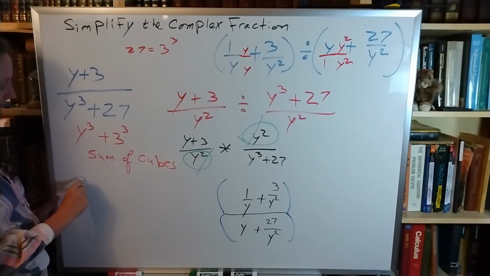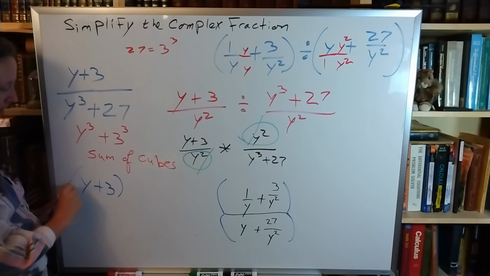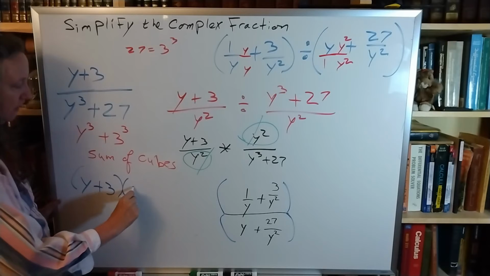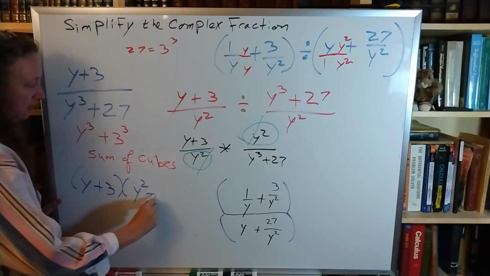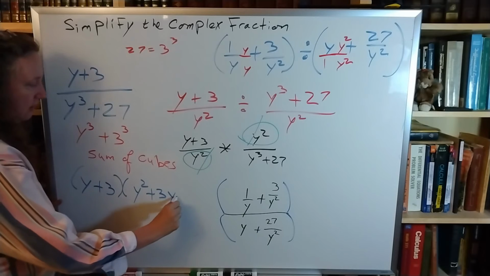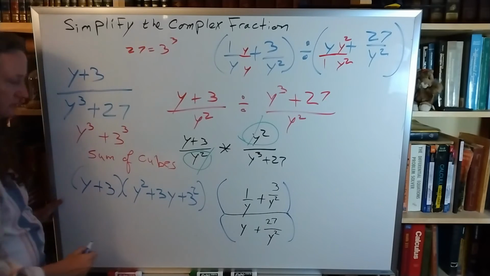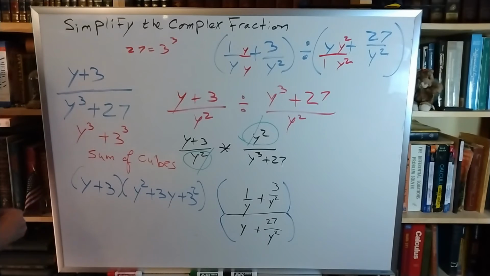So we are going to have y plus 3 multiplied by y squared plus 3y plus 3 squared. That's what my denominator is. That is following the rule.